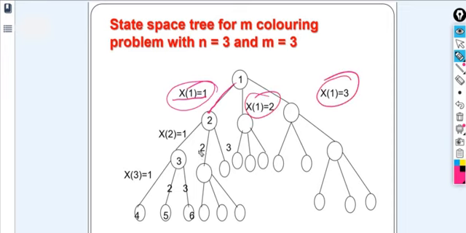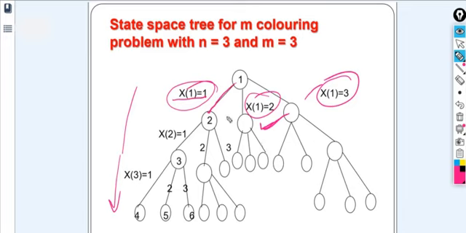First we expand node 1, because we take one node here and expand it completely, and after that we come to 2 and 3, because we know backtracking is a depth first search process. So it follows depth first search. First it goes into the depth of the tree as far as possible, then it comes back to trace the next level, the next sequence of the tree.